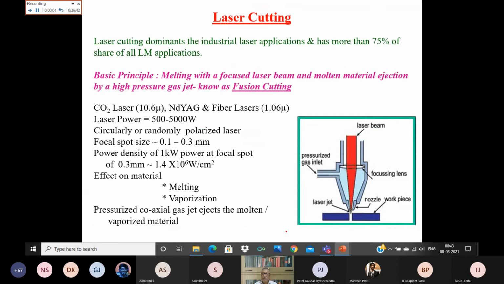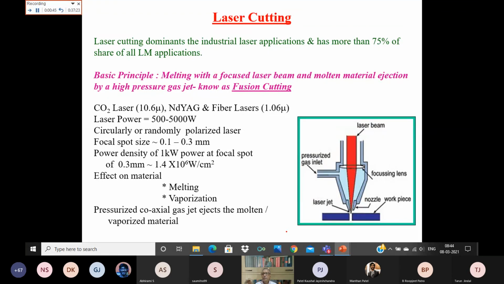Now, since we have a time limit, I may not be able to explain all the different laser material processing applications which are possible. However, the important ones, which are very popular in normal industry like the automobile industry, aerospace industry, rail coach factory, and other industries, those applications we are going to describe briefly.